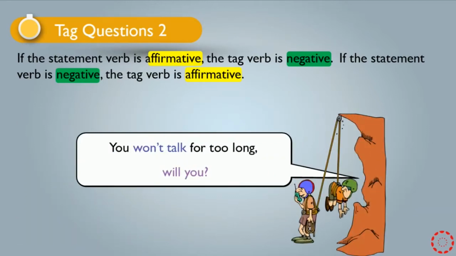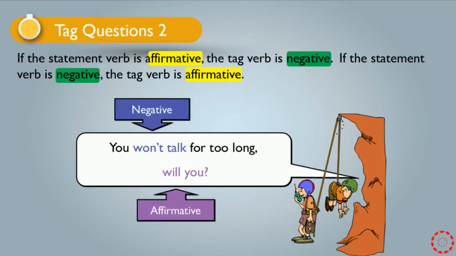Look at this one: you won't talk for too long, will you? This one is negative, and the tag question became affirmative. So you have to know that they are vice versa. If our statement is positive, it becomes negative. If it is negative, it becomes positive. So you have to be careful about this point.